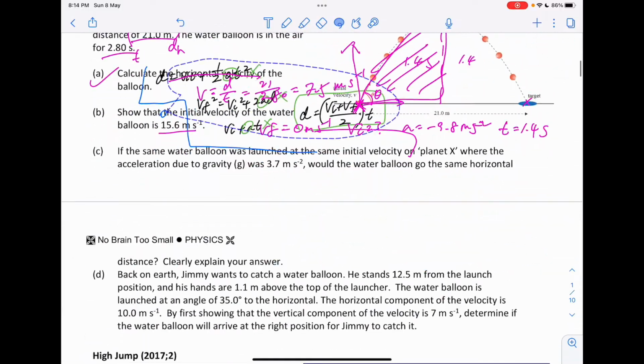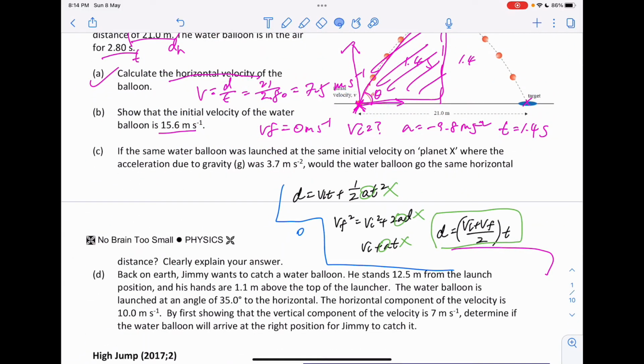We have a VF, we have a VI, we have A, we have a T. We have 3 of those, which means we can get the other ones. We don't want D. So the ones with D, bye.